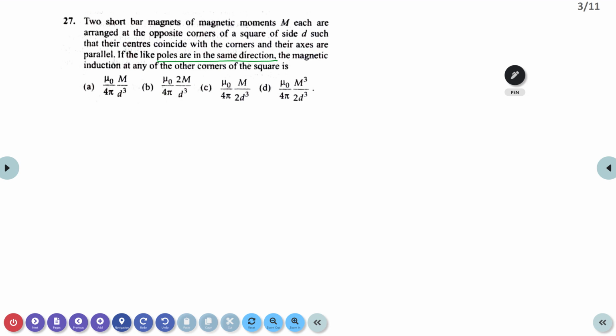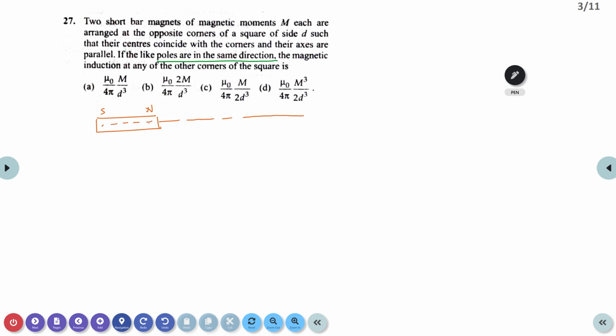Before that, try to understand this problem is based on the axial line and equatorial line. For the axial line, suppose this is the North Pole, and this is the South Pole.